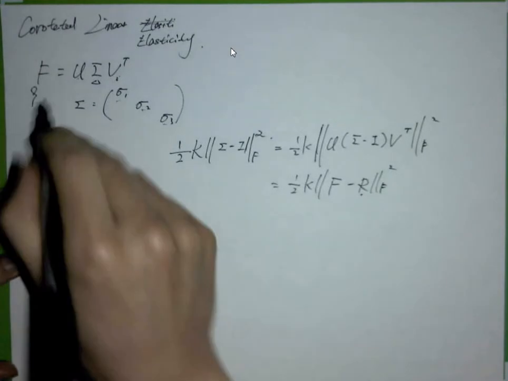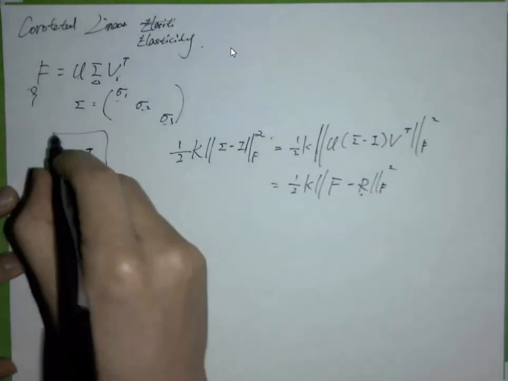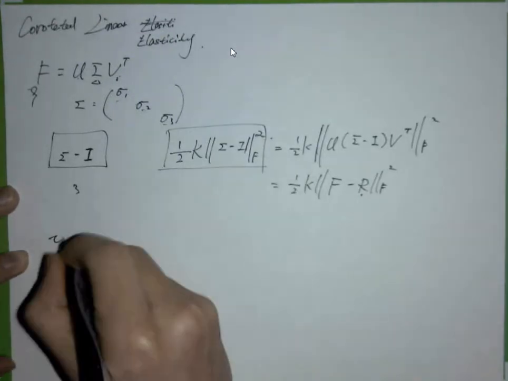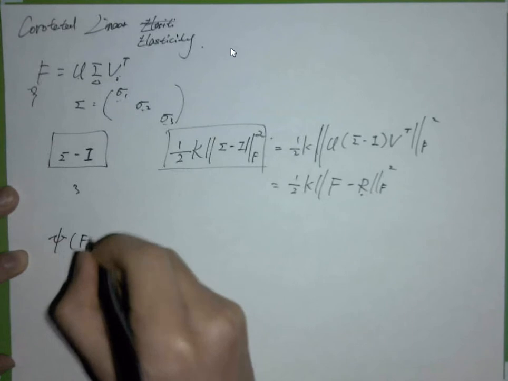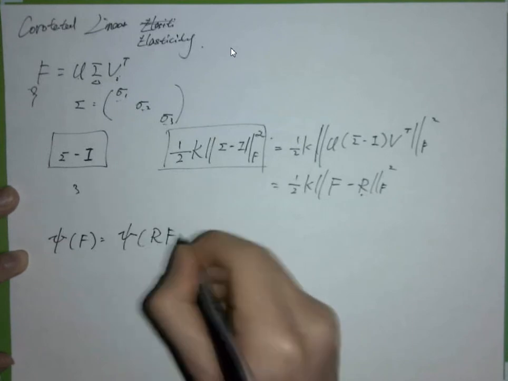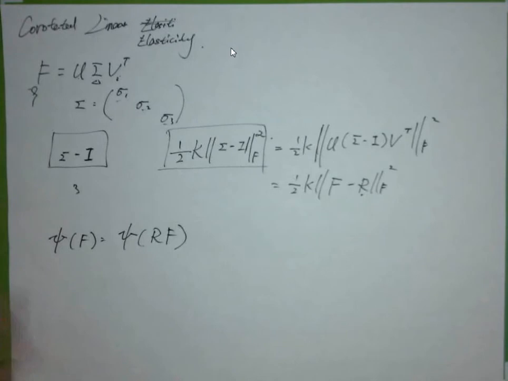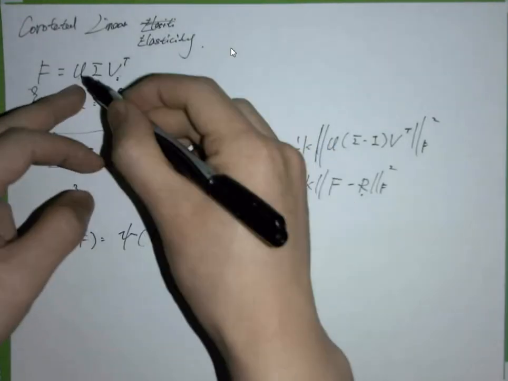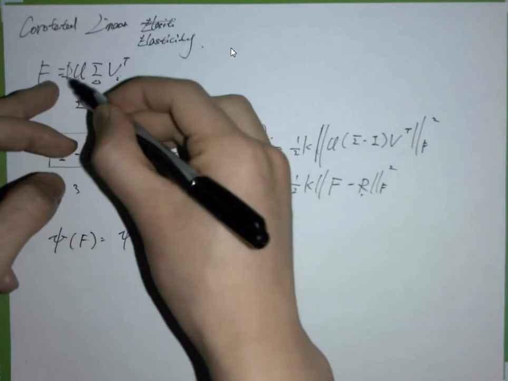Now by measuring using this sigma, I can have the energy density phi of F equal to phi of R multiplied by F. Because if I multiply F by R, it will only multiply this U matrix by another R. This is still a rotation matrix.